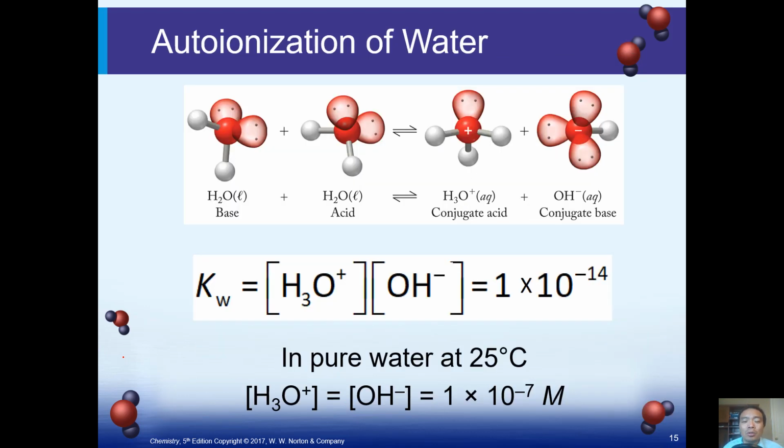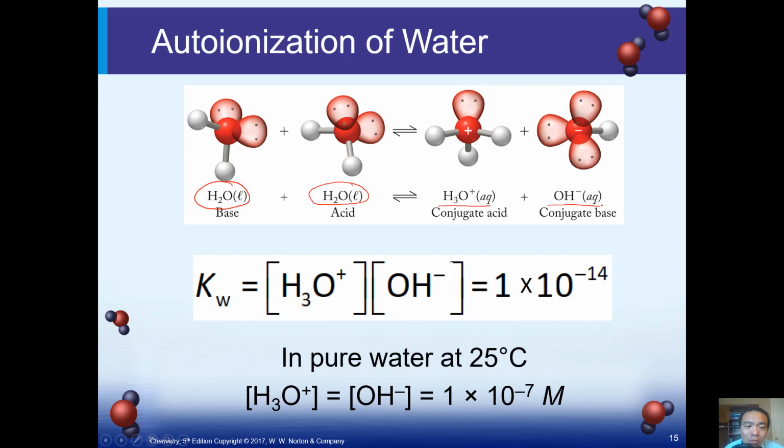Water can also serve as an acid and base in the same reaction as you see over here. When one water molecule is reacting with another molecule, it can ionize to hydronium ion and hydroxide.